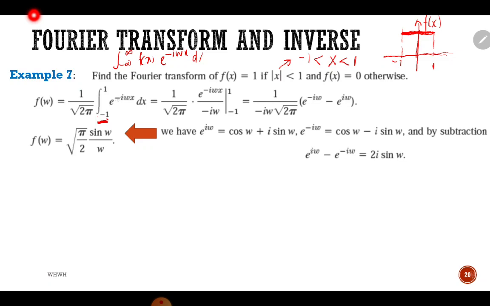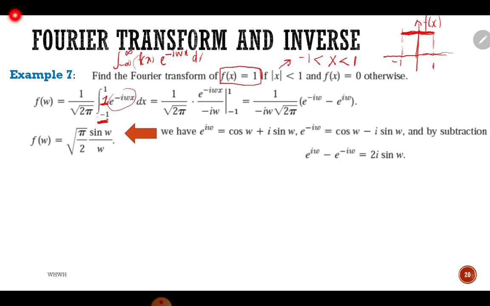But as you can see here, we just have e to the power of minus i omega x with respect to dx. So what is our f(x)? As given here, f(x) is just equal to 1. So f(x) is here, but it's just 1, multiplied by e to the power of negative i omega x.